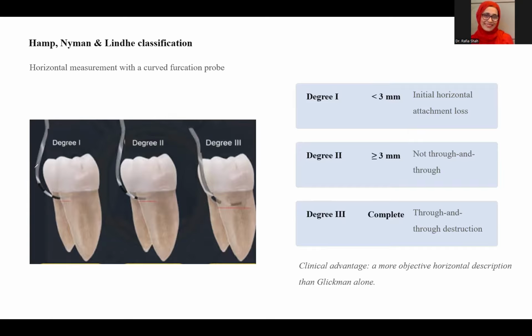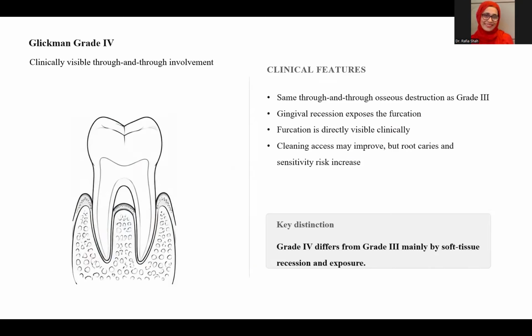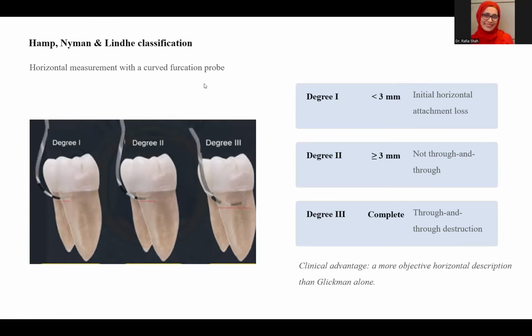They said, okay, we'll take the probe, and based upon the 3 millimeter marking of the probe, we take 3 as a reference value. And they divided furcation into degrees. Whereas Glickman talked about furcation in a different way, grading it as grade 1, grade 2, grade 3, grade 4, they are saying degree 1, degree 2, and degree 3.